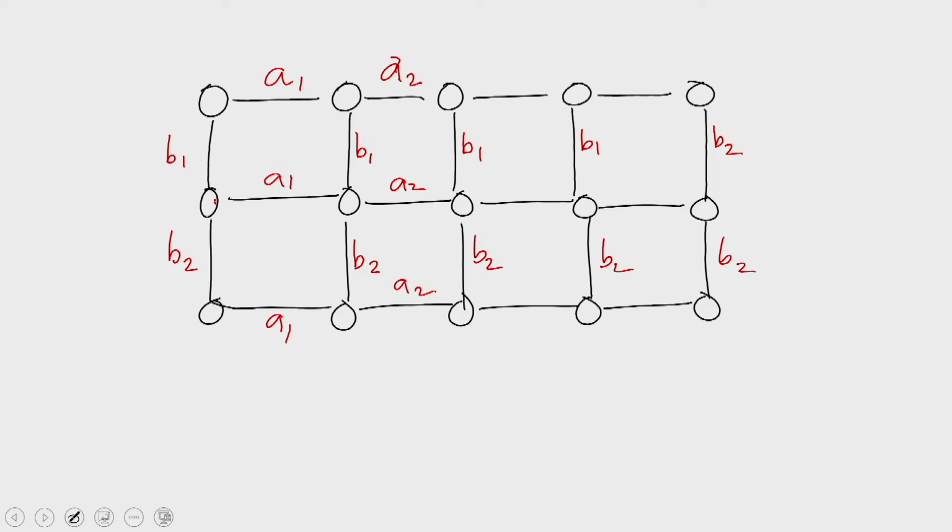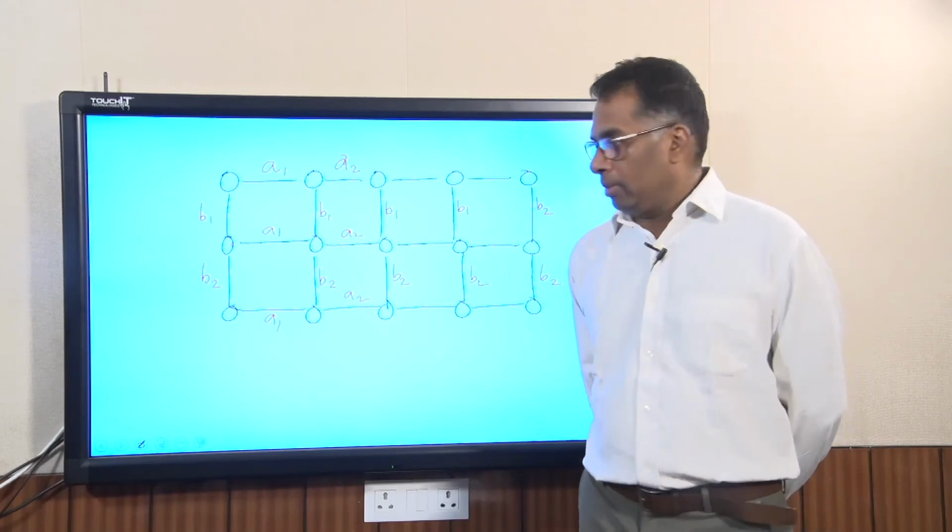Now remember, we are attempting to embed the 3 by 5 mesh in a 4-dimensional hypercube. So there are only 4 distinct dimensions, and we have already used up all 4 distinct dimensions A1, B1, A2 and B2. Therefore, if the embedding has to be possible, we will have to fill the remaining unmarked edges also with these 4 labels.